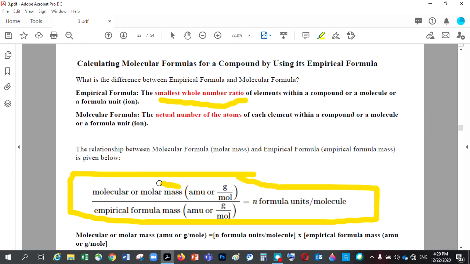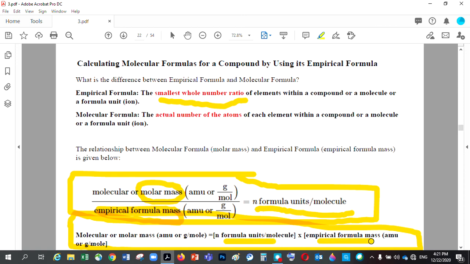So if I divide the molar mass of the whole molecule by the molar mass of just the empirical formula, I will get N formula units per molecule. And with the help of N, I get my final structure. How can I get the structure? The molar mass of the molecular formula will equal N multiplied by the empirical formula mass. And as I said, we have a couple examples here.